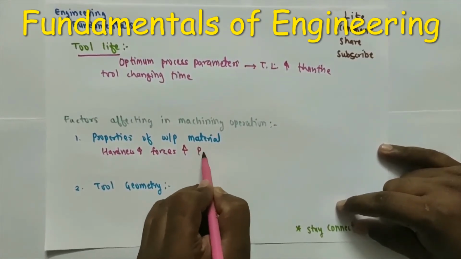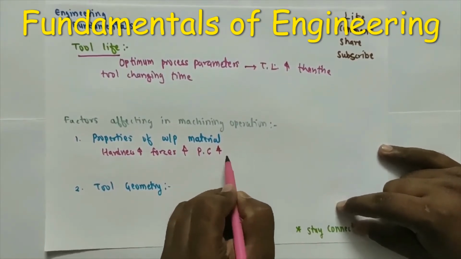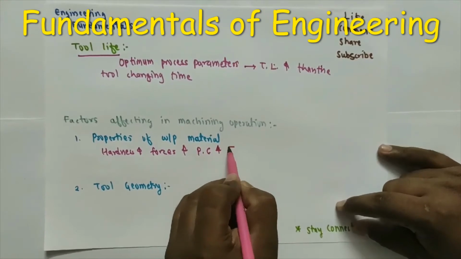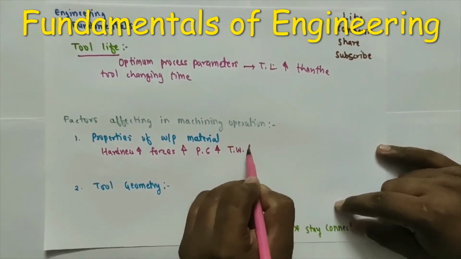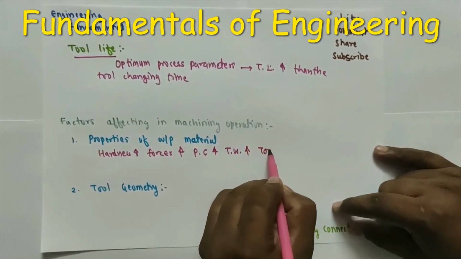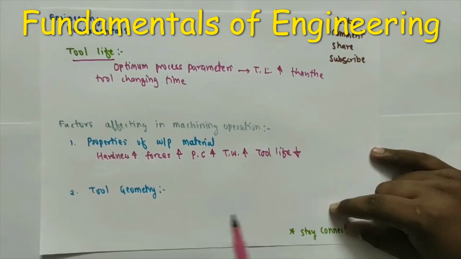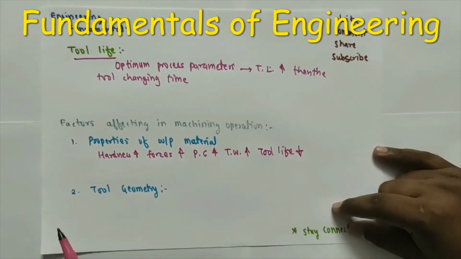If the forces required are more, then power consumption will be more, and tool wear will be more. If the tool wear is more, then the tool life will be less. Means the tool will wear out easily and tool life will be less.